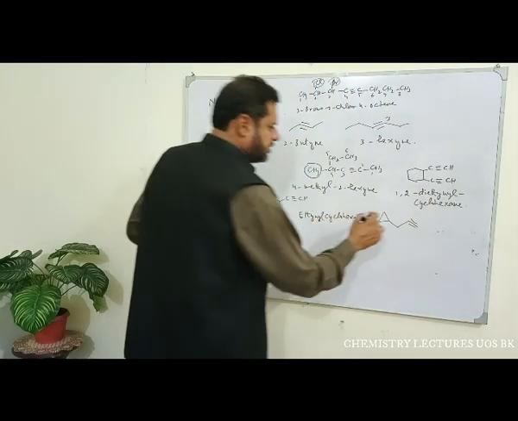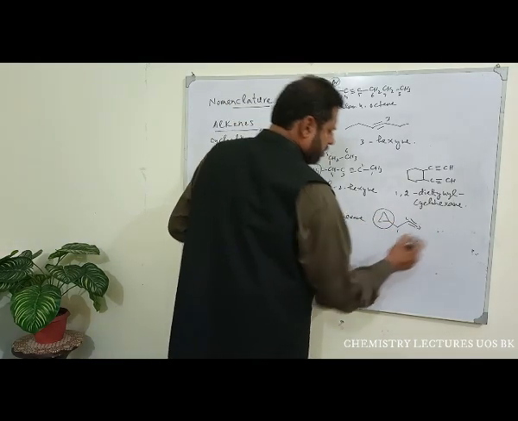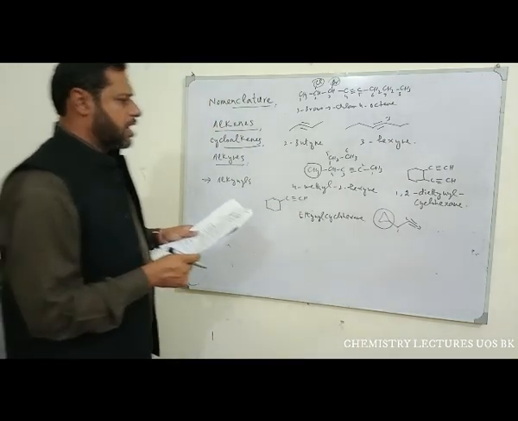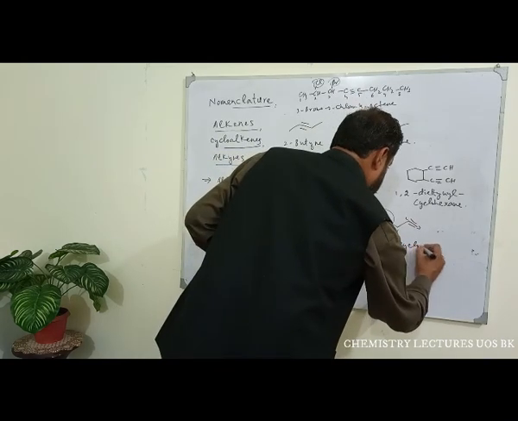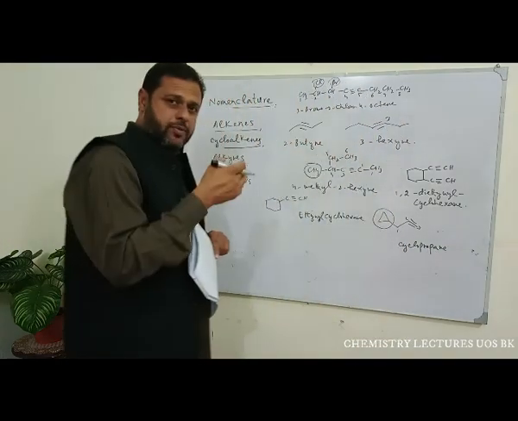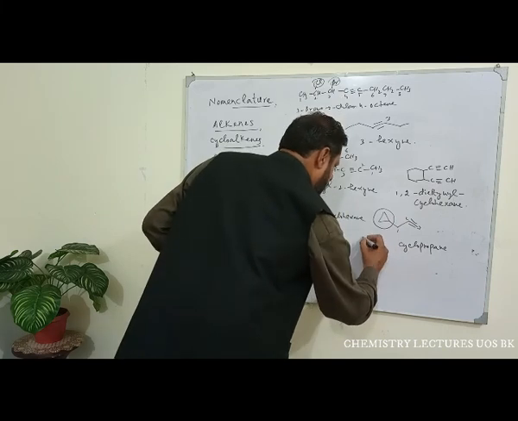So now you can see this cyclopropane ring is here, and here you have 1, 2, 3 carbons, and these 3 carbons will be considered as a substituent. So the parent name is cyclopropane, and on cyclopropane a substituent is attached, and its name is propynyl.